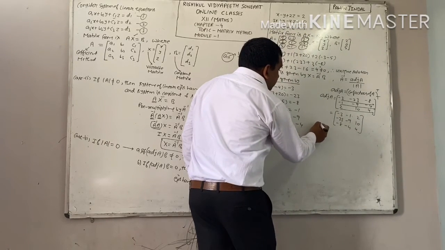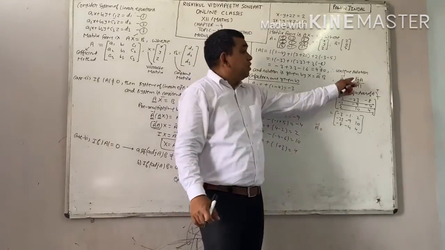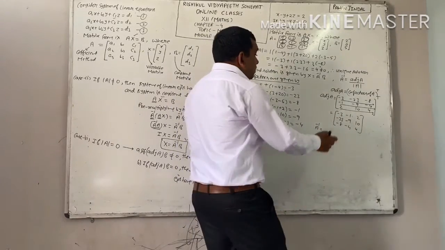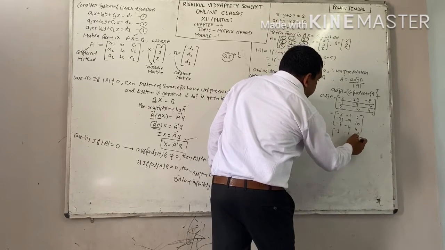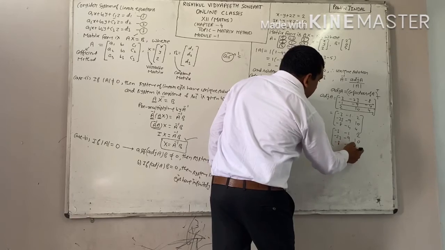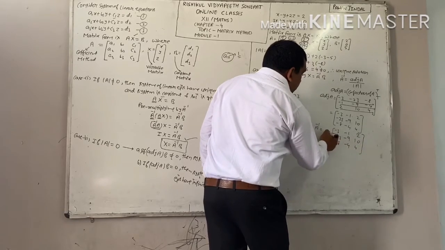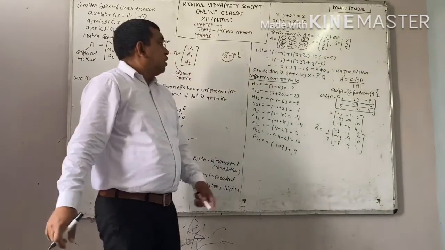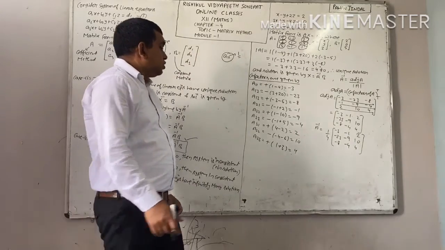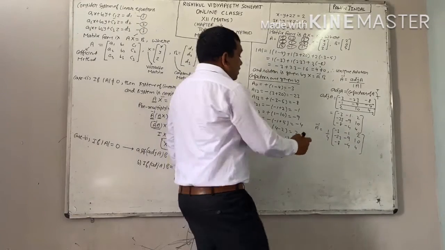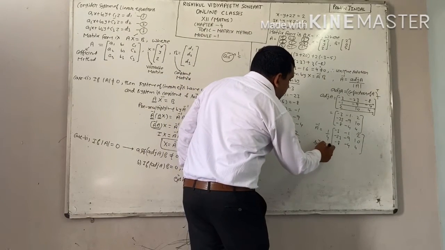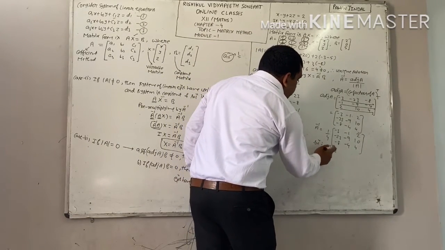Therefore, A inverse equal to, A inverse formula you know very well, adjoint of A upon determinant of A. This is your adjoint of A, write down. Upon determinant of A is 4, divided by 4 outside. Now we will find out the solution. Solution you know, solution is X equal to A inverse B. Put up the value.